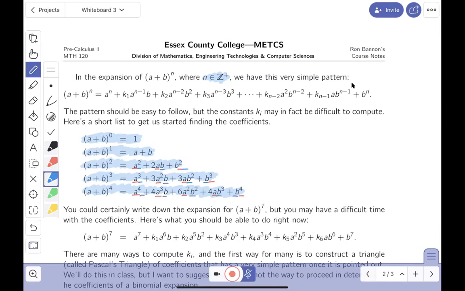So I'm going to claim there's a pattern here. Let's go through the pattern again. If you had the nth exponent, and I just did the A's, you'd have a^n. What would the next one be? Well, I go down one. I hope you realize we just did that with integers. Now I'm just saying n is an integer. We go down one, then another one, so it'll be a^(n-1), a^(n-2), then a^(n-3).